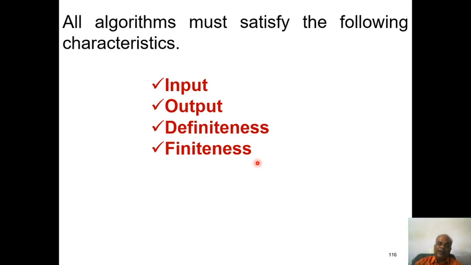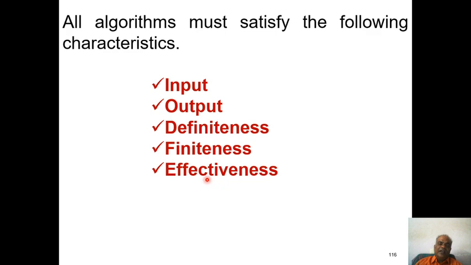For example, by 10 o'clock I am going to sleep. That is finiteness. By 4 I am going to wake up. That is the finiteness specification. If the algorithm is defined through a finite specification, then it is possible to trace the instructions very easily. That means it specifies where to start, where to begin, and where to terminate.